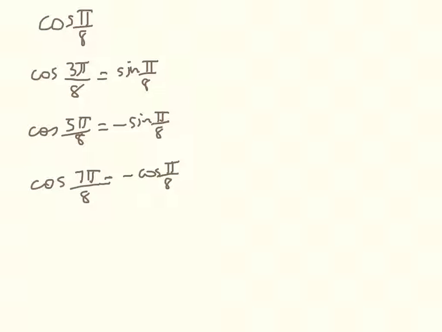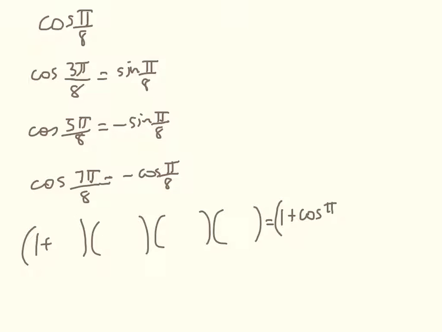Alright, now we're going to substitute that back into our big expression. Remember, we're trying to show that 1 plus that is equal to 1/8. So now we've got that is equal to 1 plus cos pi on 8 times 1 plus sine pi on 8.